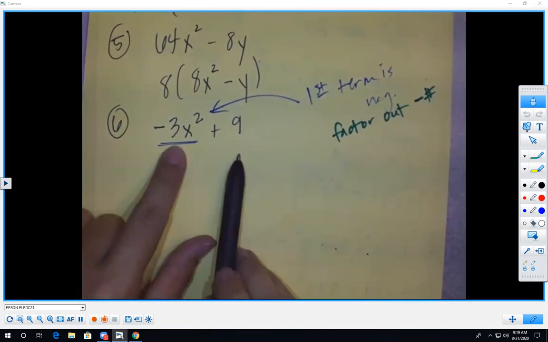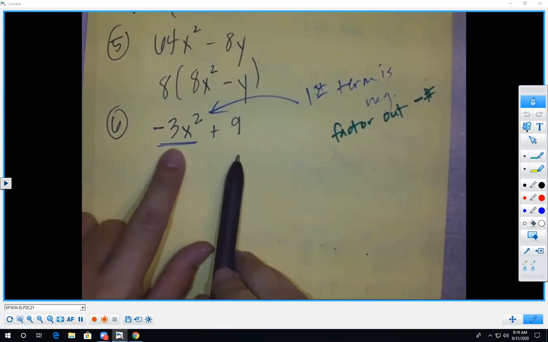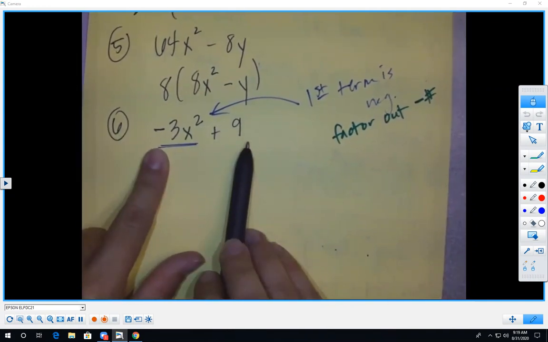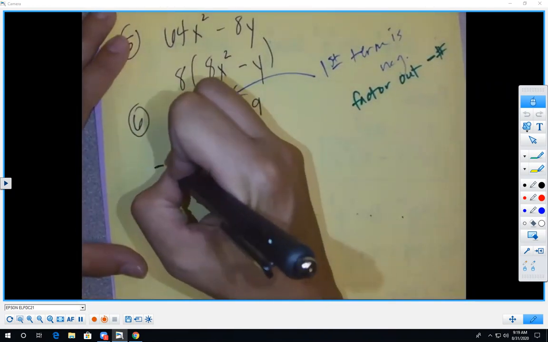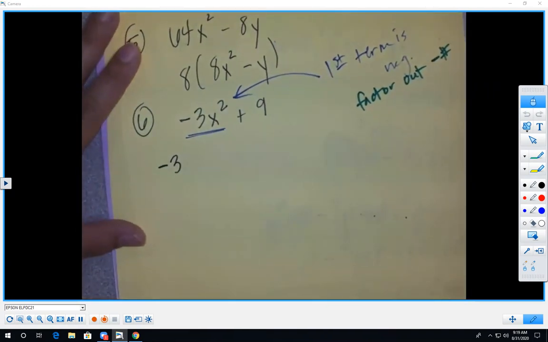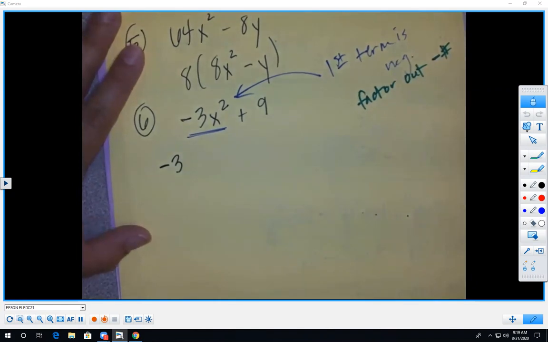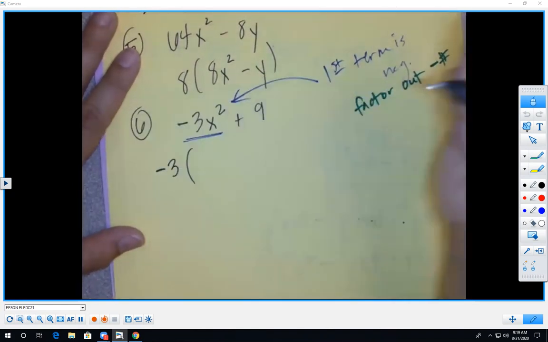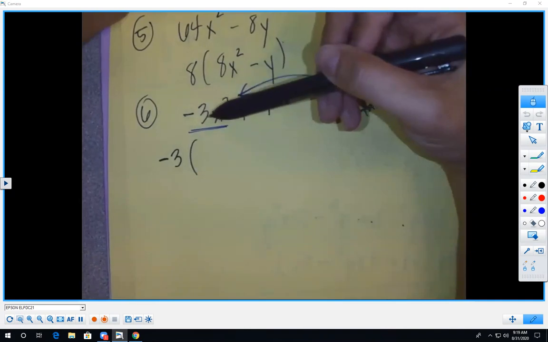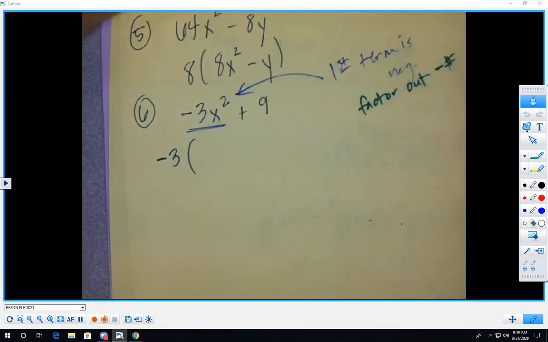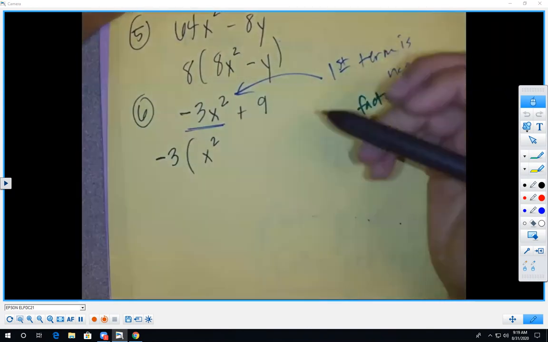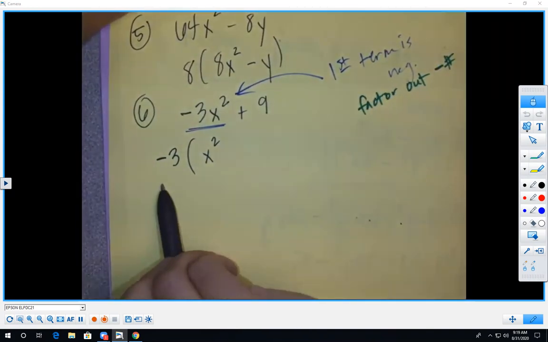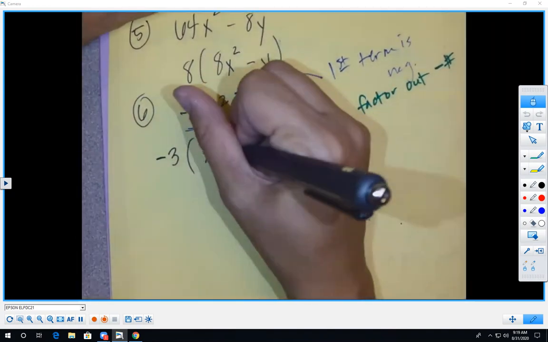Okay, so in this problem, what's the GCF? 3. -3x squared and 9, the GCF is 3. My first term is negative, so I have to factor out a -3. So when I factor out a -3, -3x squared divided by -3 is just x squared. And then what's +9 divided by -3? -3.